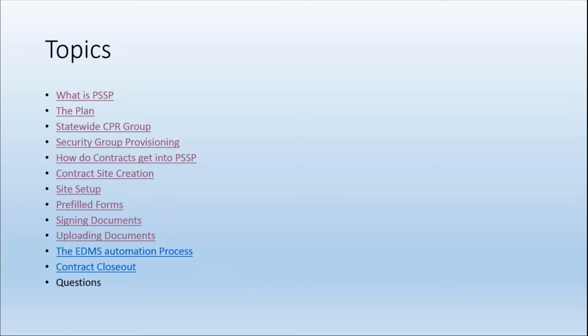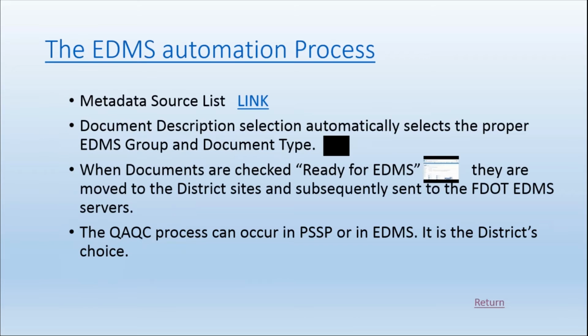The next topic is how the EDMS automation process works. And this is another one of those topics that I think we will probably do more detail in, but this is the overall view of it. What we have designed is on every project, there's what's called a metadata source list.